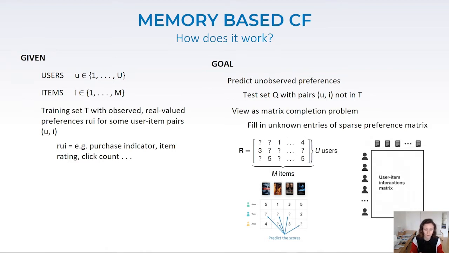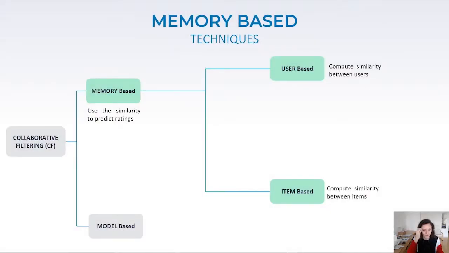As you can see here in the example, we can have movies as items and users that voted specific ratings for that particular movie. Memory-based techniques can be subdivided into two main categories. So we can calculate similarity based on users, so user-based, or based on items, item-based.